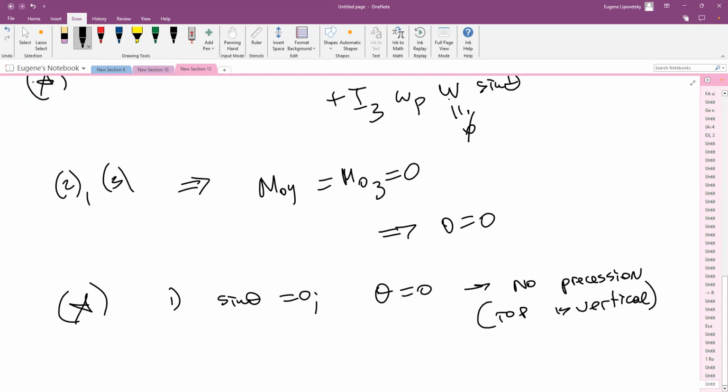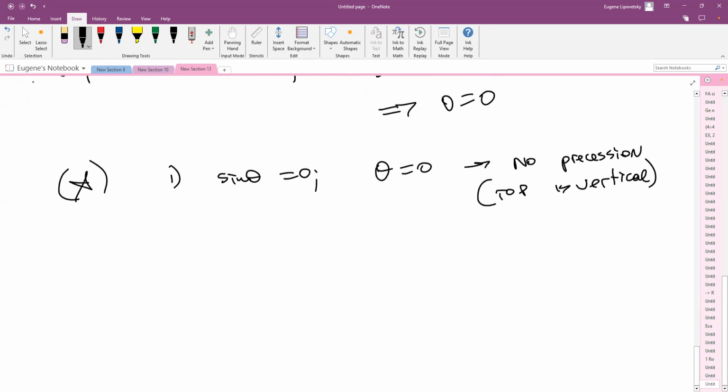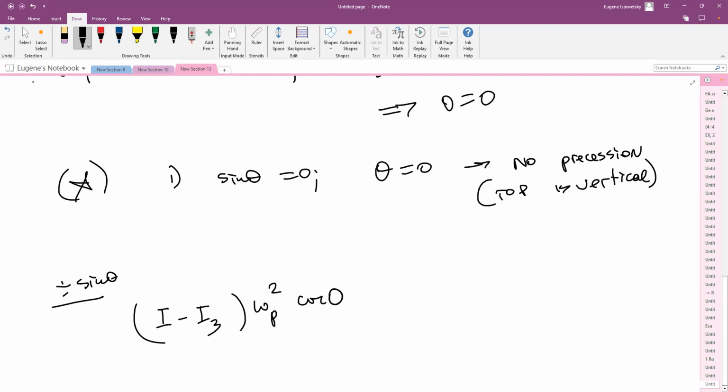Once that's out, we divide by sine theta, and the equation will now be I minus I sub z, omega precession squared cos theta, minus I sub z omega precession omega, plus WL equals 0.